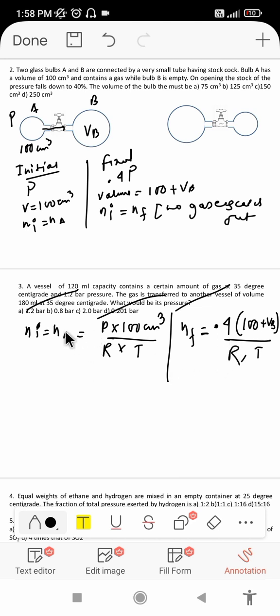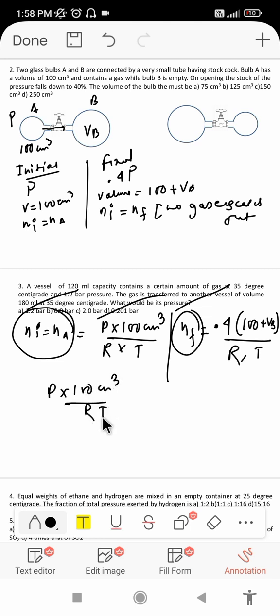So as we know, Ni is equal to Nf. We write P into 100 centimeter cube by RT equals 0.4 P into 100 plus VB divided by RT.